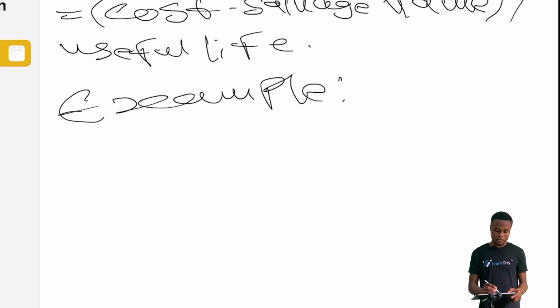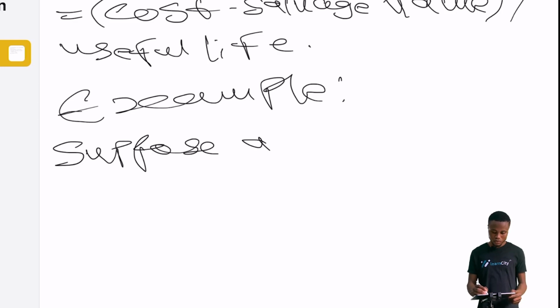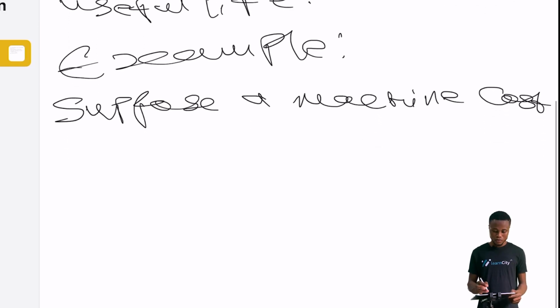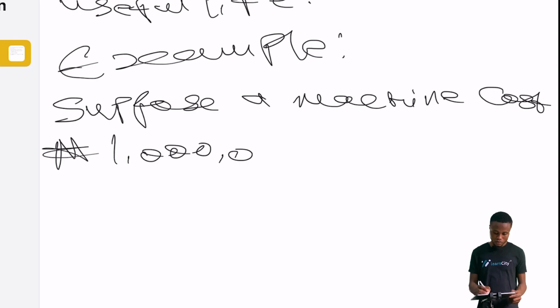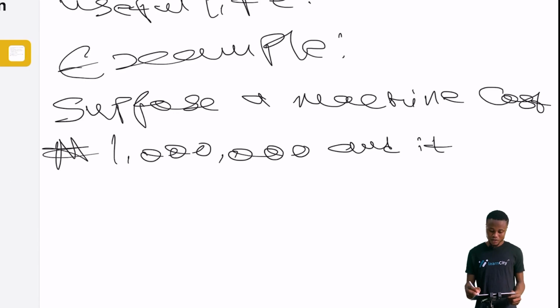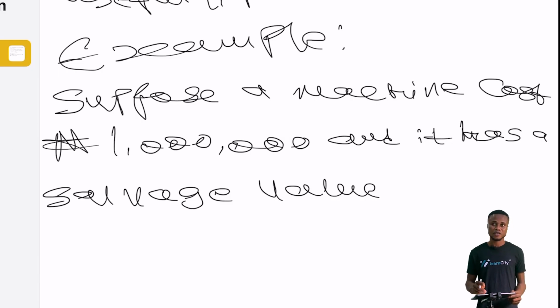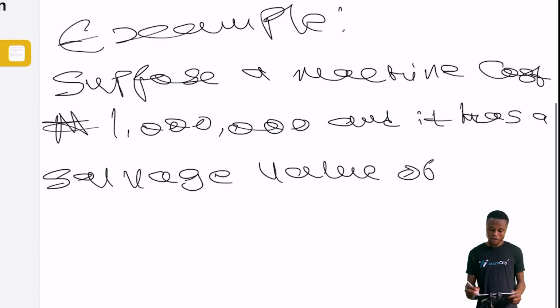Suppose a machine costs 1 million naira, and it has a salvage value of 100,000 naira.